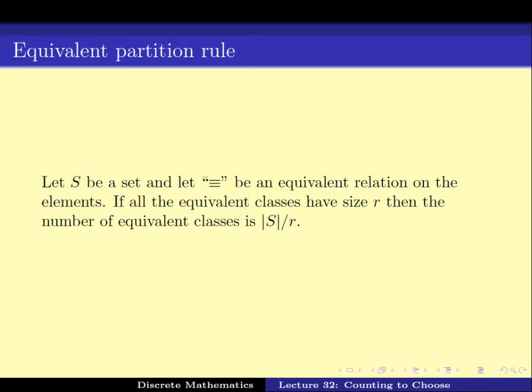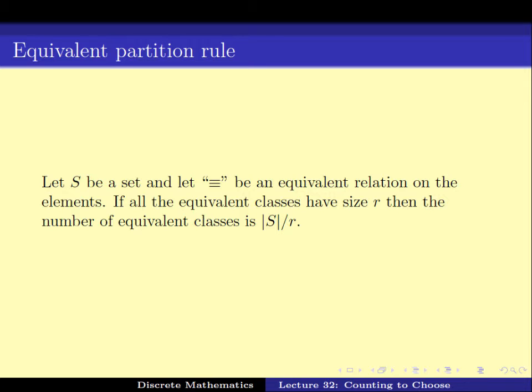Once you have the equivalence relation, you know that you have equivalence classes. It's the set of all elements that are equivalent to each other. Now if all the equivalence classes have the same size, namely R, then the number of equivalence classes that we have is S divided by R.